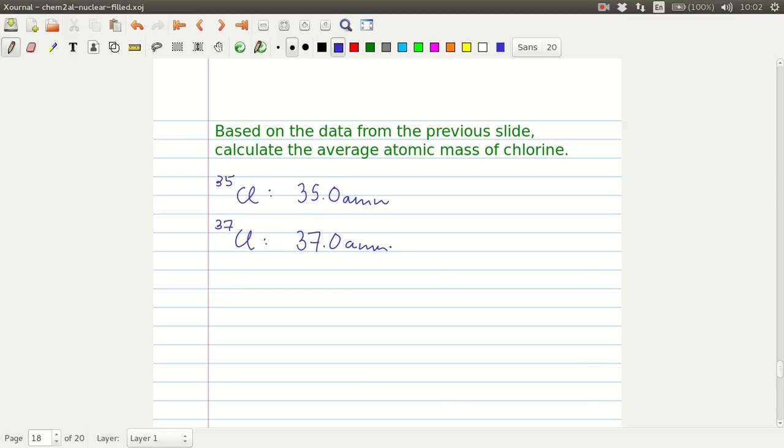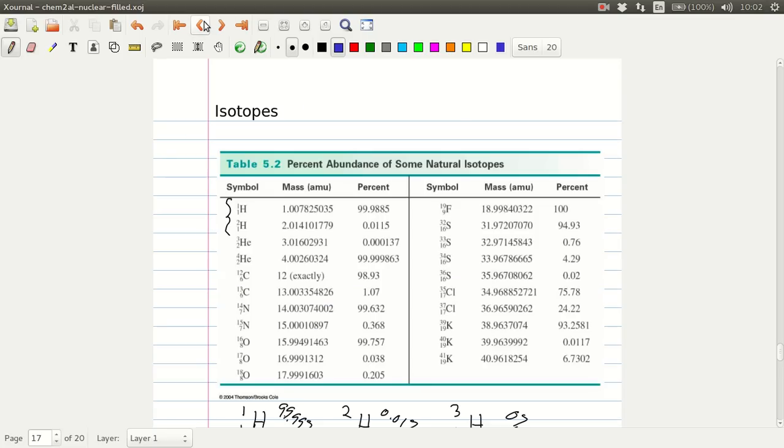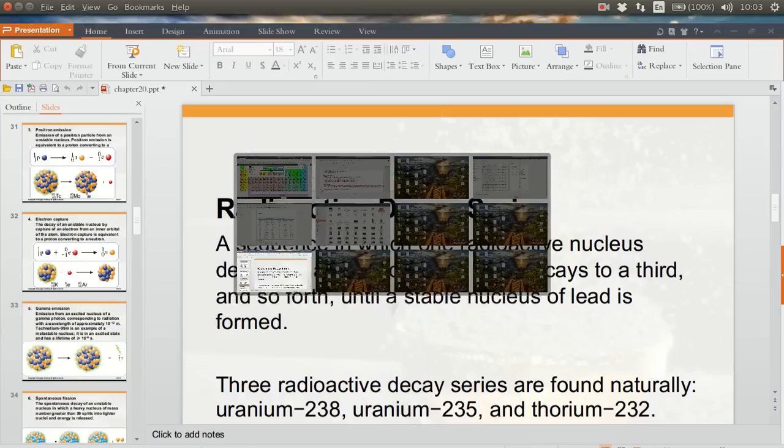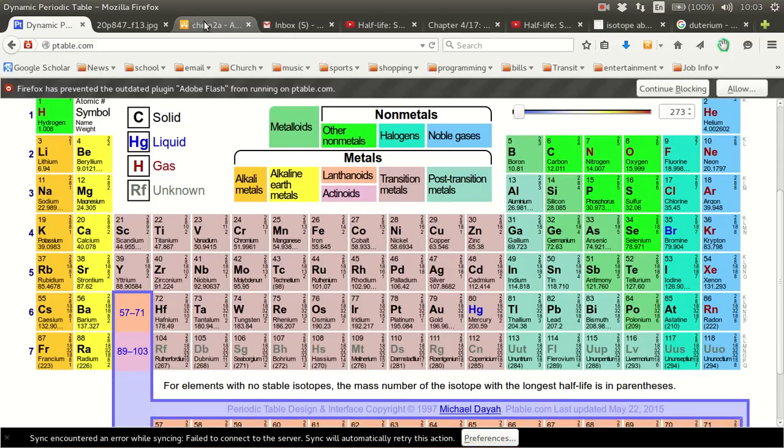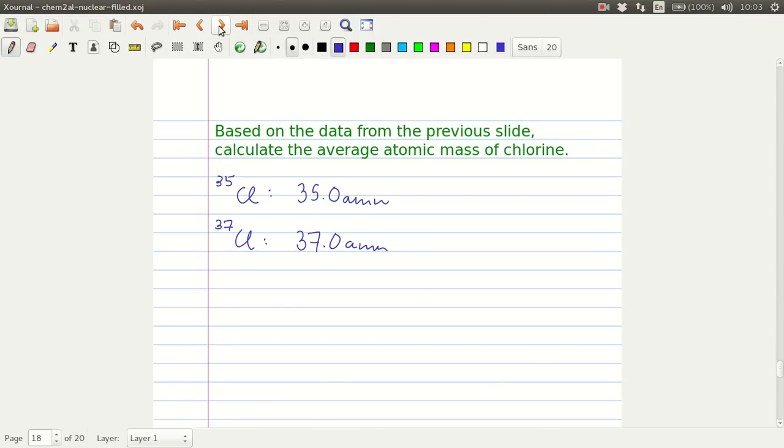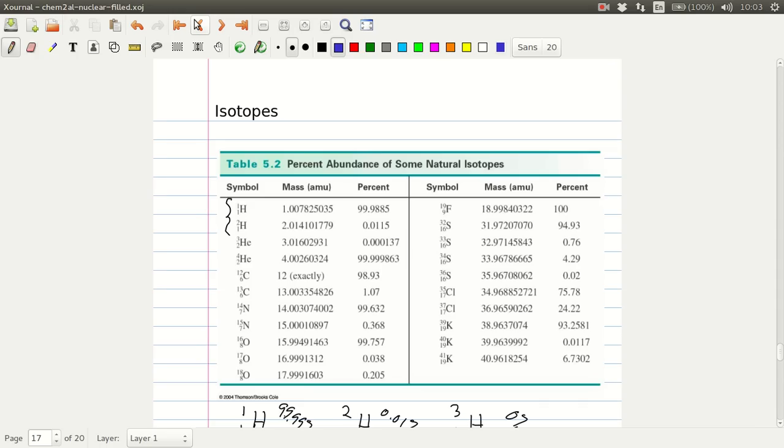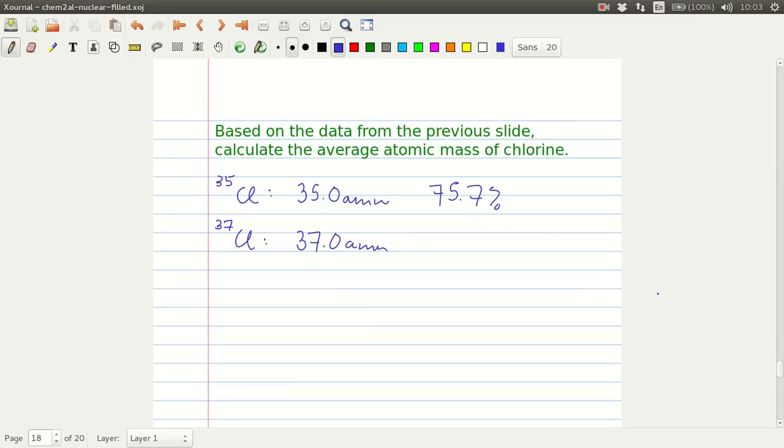Now, I'm going to look back at the previous slide to get the relative abundance. Oops, wrong button there. Chlorine-35 is 75.8% and chlorine-37 is 24.2%. Like I said, you need to take more sig figs.